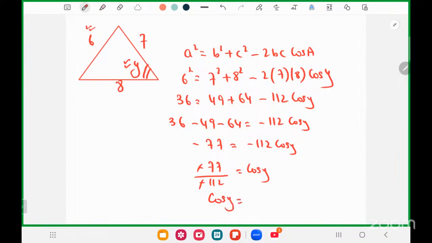Cos y is 77 divided by 112, which is 0.6875. Y is equal to cos inverse 0.6875. Y is equal to 46.6 degrees.